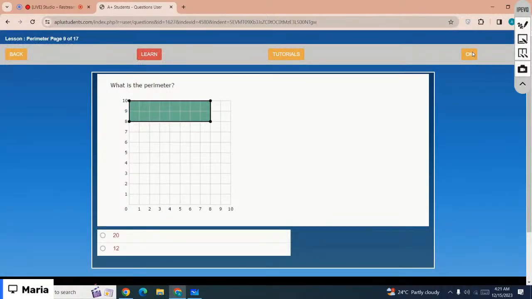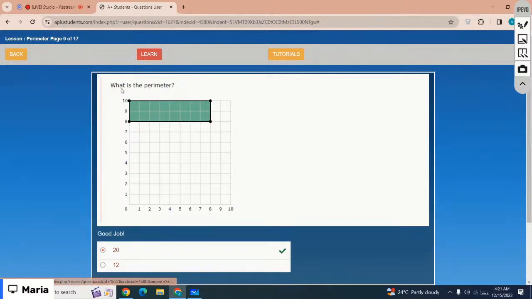What is the perimeter? Which is the correct option? Very good, that is 20, right? Okay, you can complete the lesson by yourself later today. Let me just move on to the next lesson.